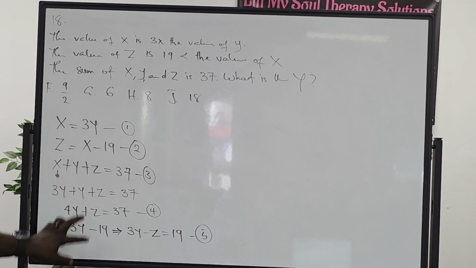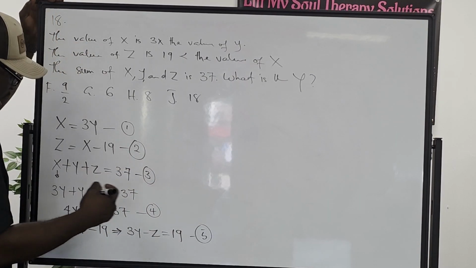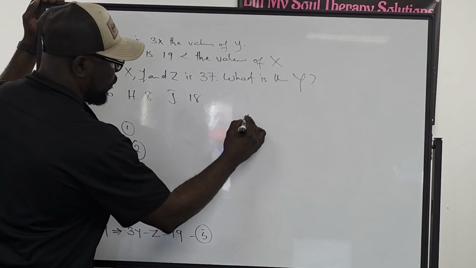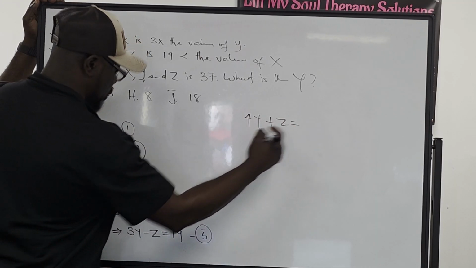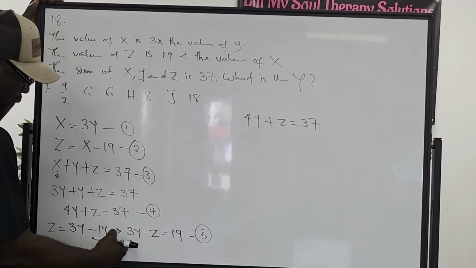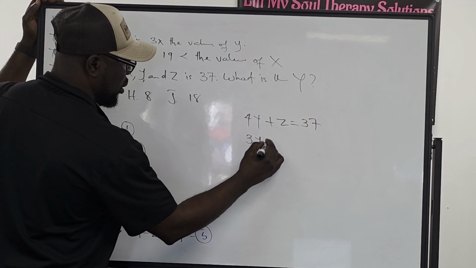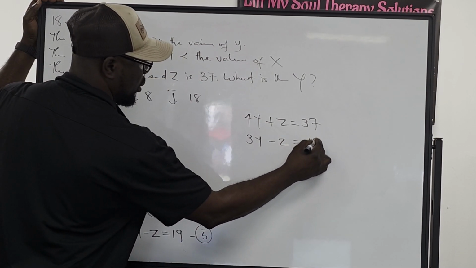Now I can easily solve for these two equations. So to do that, I have 4y plus z is equal to 37, and I have 3y minus z is equal to 19.